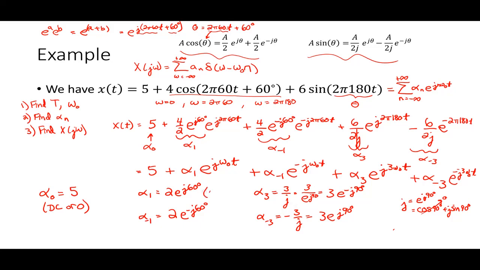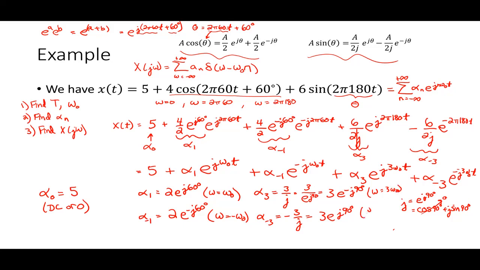This one would be omega equal to omega naught. This one would be omega equal to minus omega naught. And then these two over here, this one would be for omega equal to 3 omega naught.